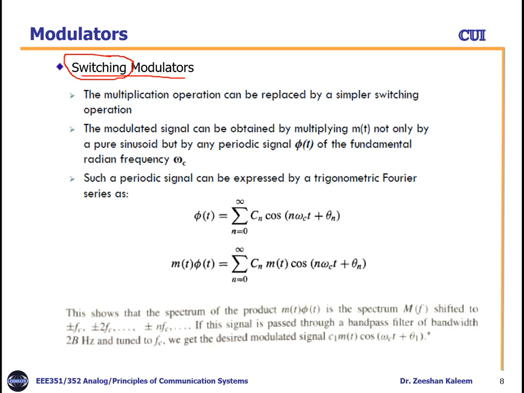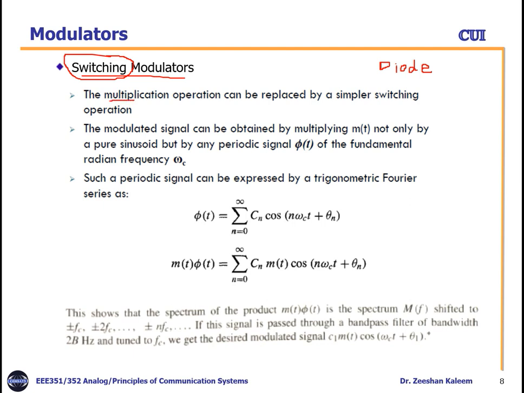If you pass a signal through a diode, you will get either the positive side, and the negative side will be clipped off. So this is called a simple switching operation. These types of switching processes can be used to generate the modulated signal. How is it used to generate the signal? Let's go into the detail.